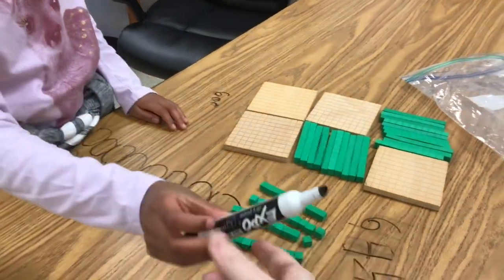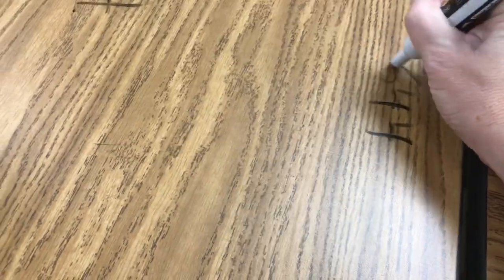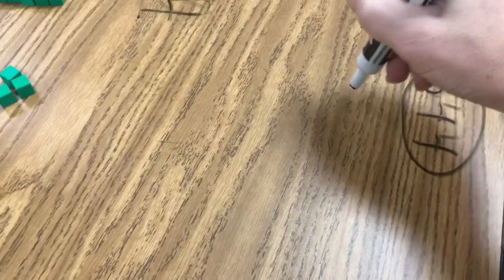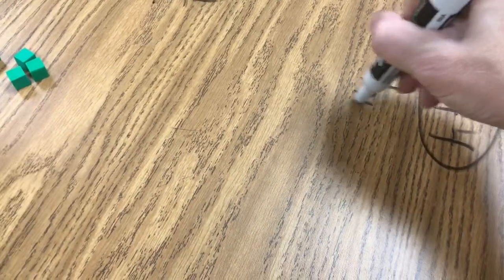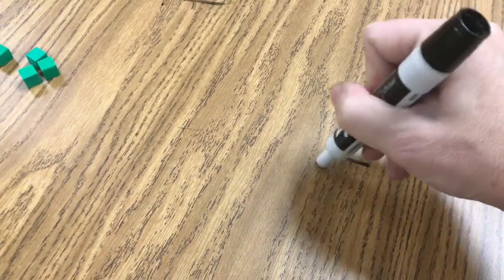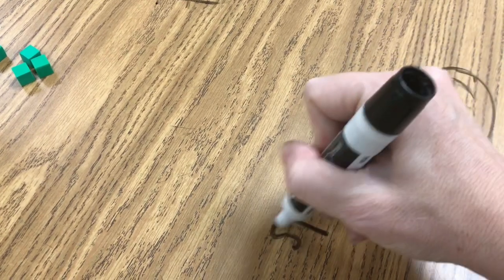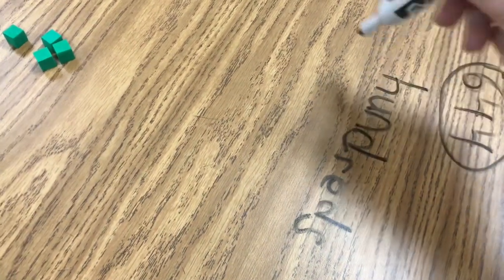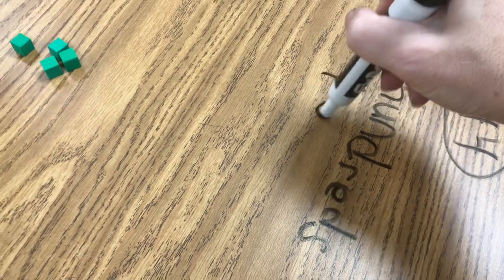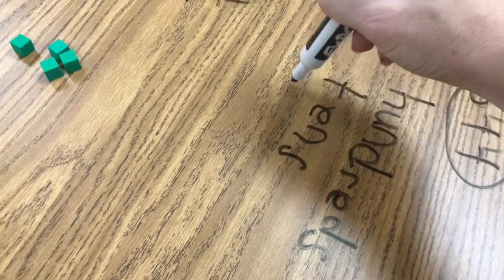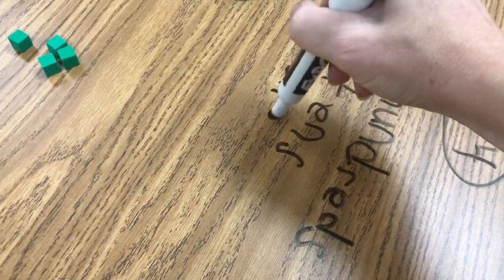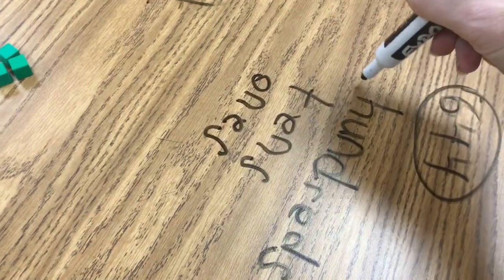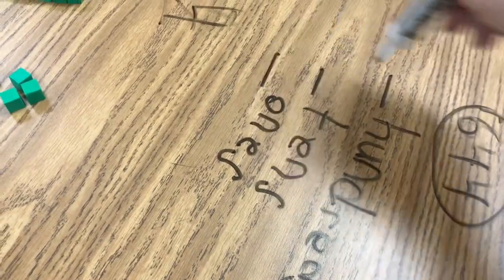Yeah? Okay, so let me get your marker real quick. We're going to write out what we did. So for 644, that was our number, right? We did packs of hundreds, packs of tens, and packs of ones, right, Jordan?